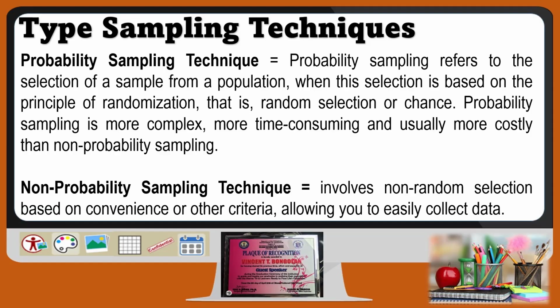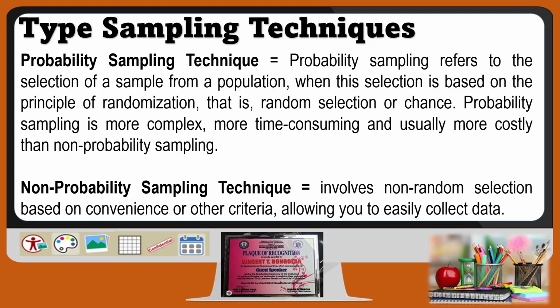A non-probability sampling technique is the opposite of probability sampling. This is sometimes called distribution-free. It involves non-random selection based on convenience, based on criteria, allowing you to easily select the data.